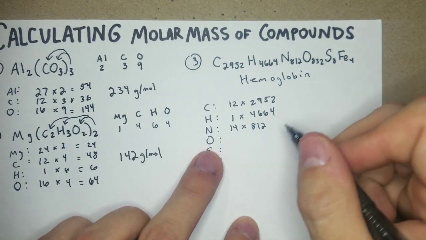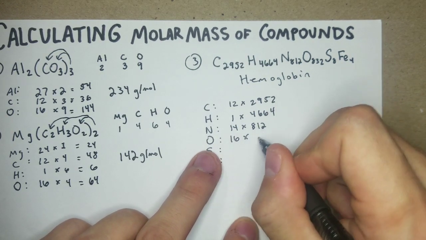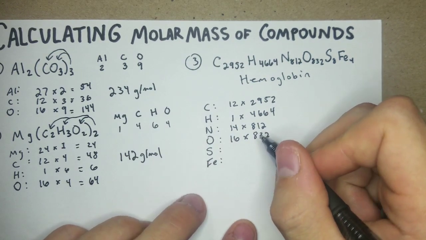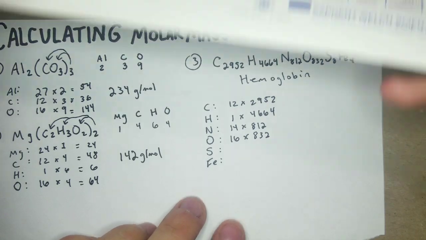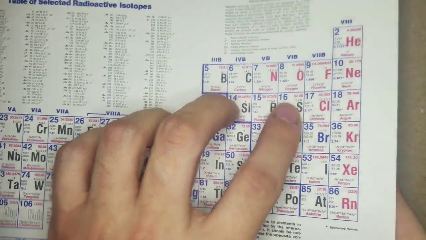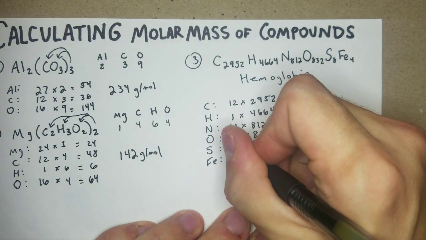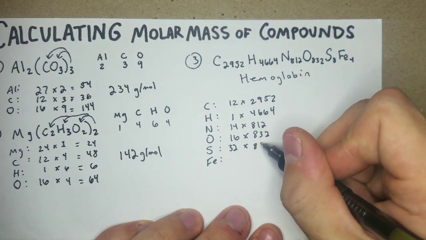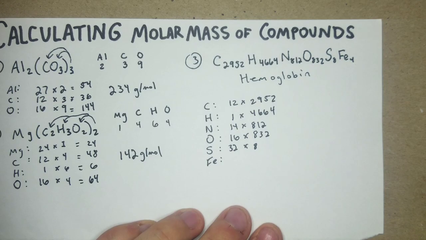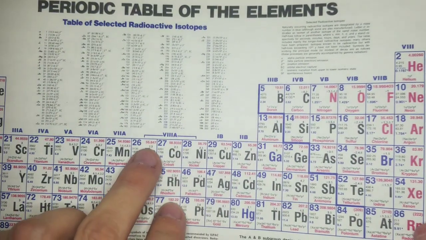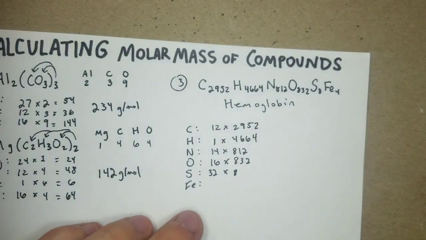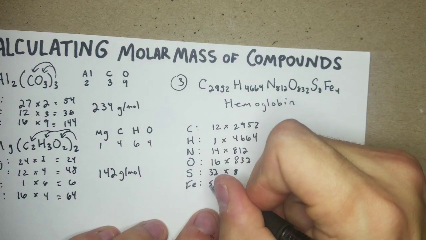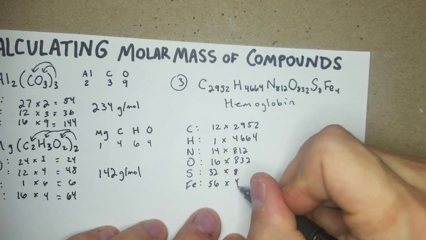Then we have oxygen, which was 16 times 832. Sulfur, what was that? 32. 32 times 8. Then iron, where is that? Right here, 55.8. We'll round that up to 56 times 4.